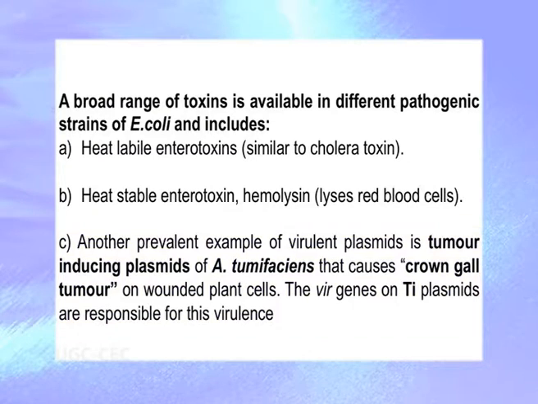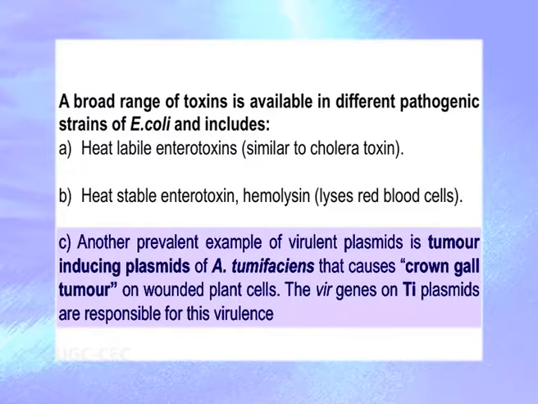Another prevalent example of virulent plasmid is tumor-inducing plasmid of Agrobacterium tumefaciens that causes crown gall disease in the wounded plant cells. So we will be focusing more on the Ti plasmids, as it is supposed to be the most versatile plasmid which is capable of transferring the gene from bacteria to the plant cell.